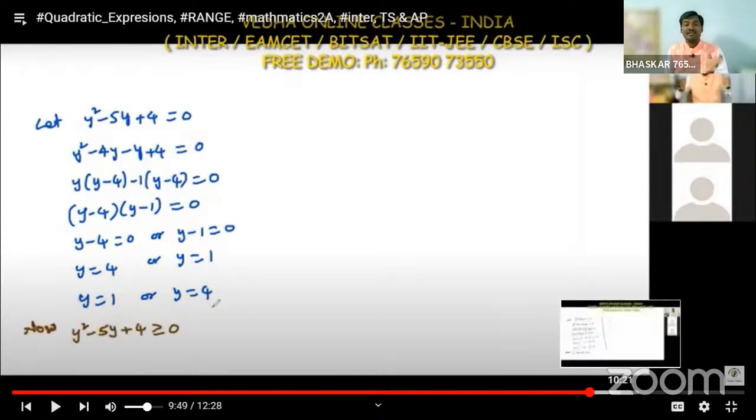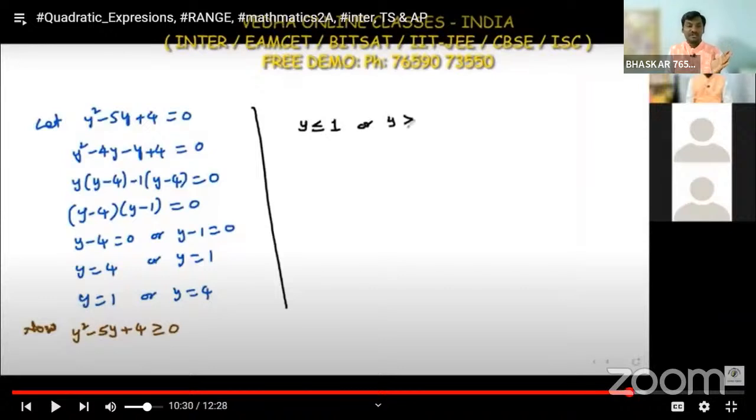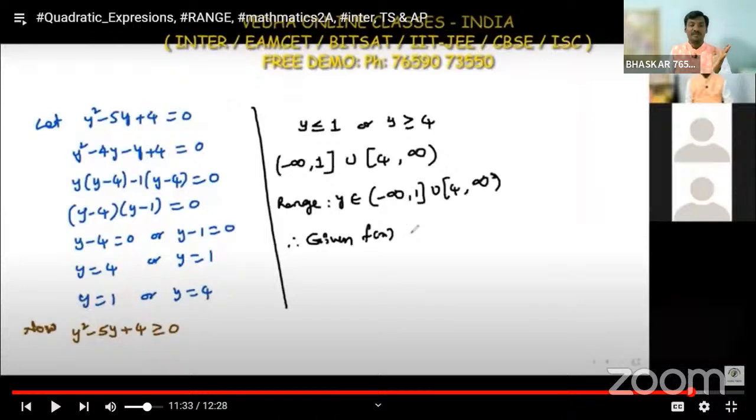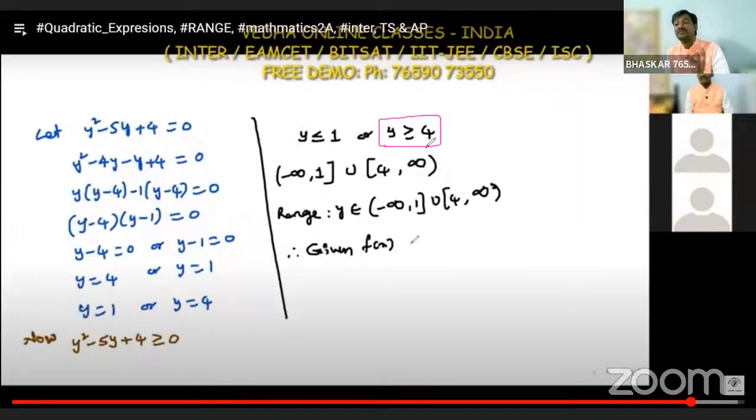Now we take the given inequation: y square minus 5y plus 4 greater than or equal to 0. How do we apply this? Remember, whenever we have the greater than or equal to symbol, for the bigger value we write the same symbol, and for the smaller value we write the opposite, less than or equal to.